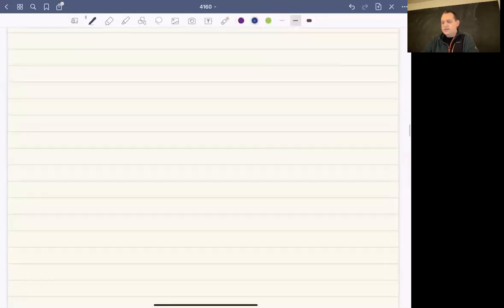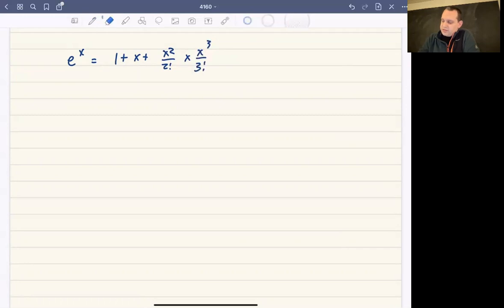To justify this, I'm going to cheat just slightly. I'm going to talk about power series, but we haven't talked about complex valued power series, though we will. So I'm going to remind you that e to the x is 1 plus x plus x squared over 2 factorial plus x cubed over 3 factorial, and so on, x to the 4th over 4 factorial.